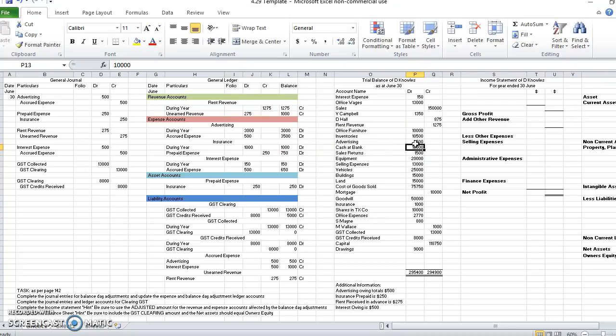So we can do this for all of them. Rent revenue is now 1,000. Insurance is now 750. Interest expense is now 650.